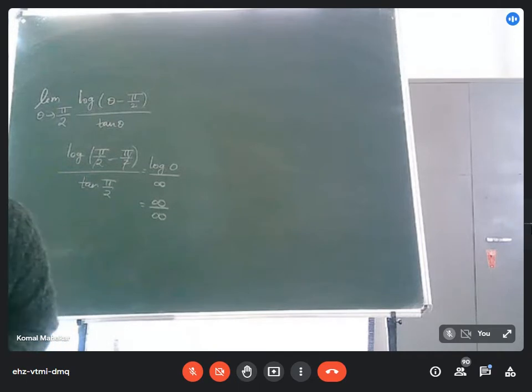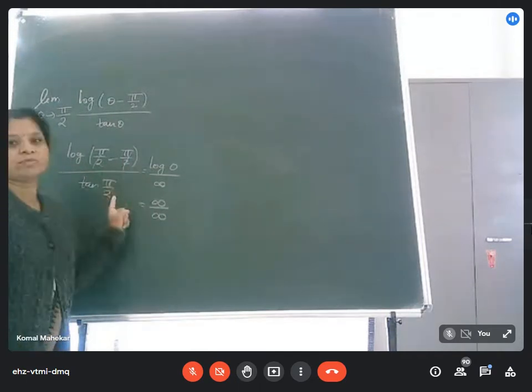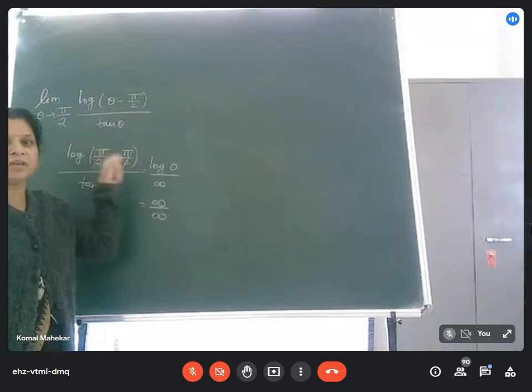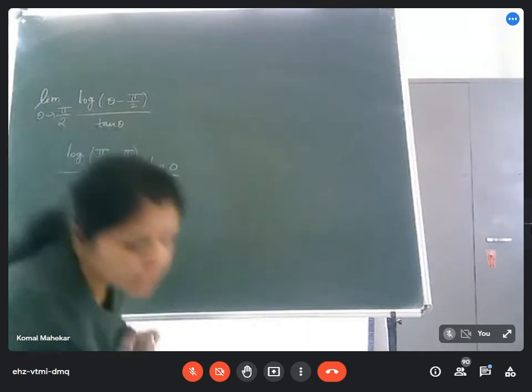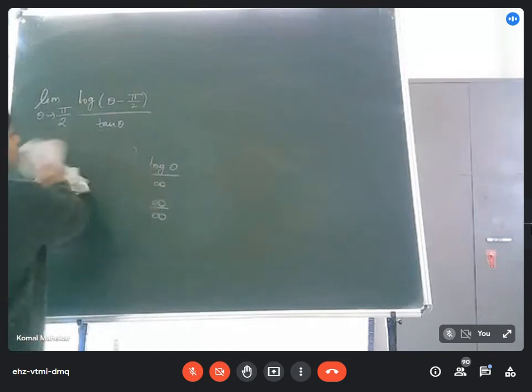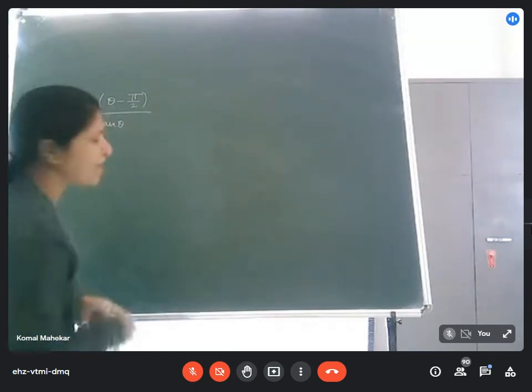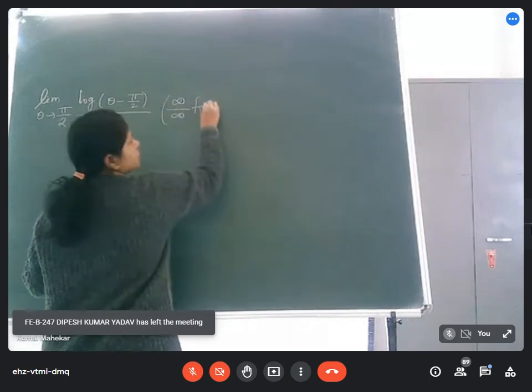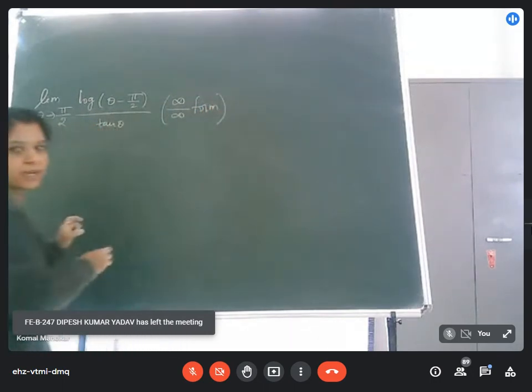So first of all, we identify the form of the given function. This function is in infinity by infinity form, so we will apply L'Hospital rule.